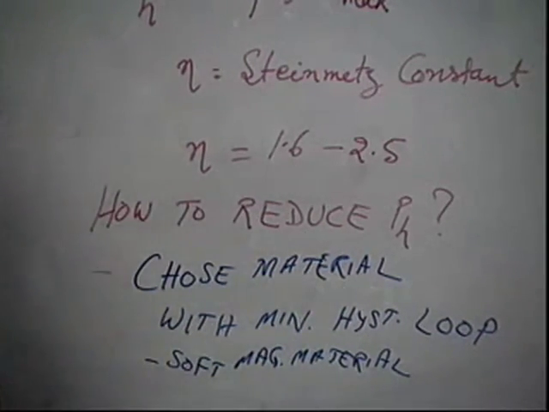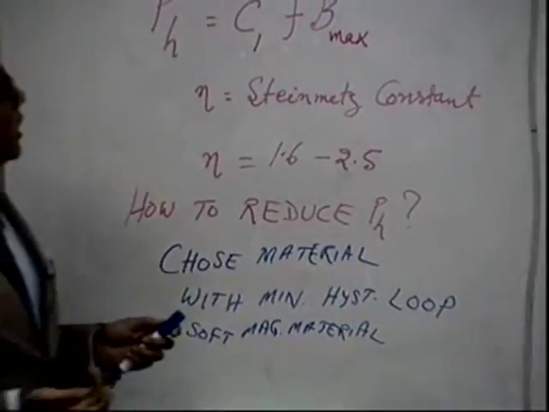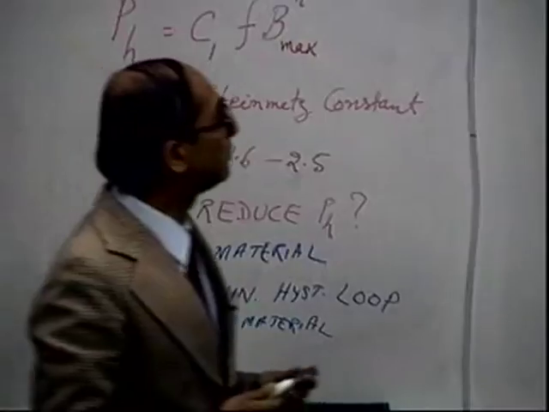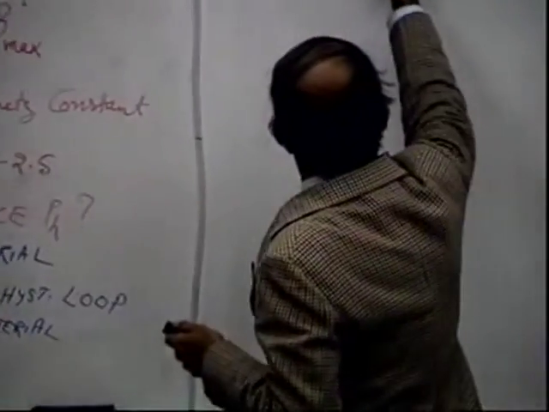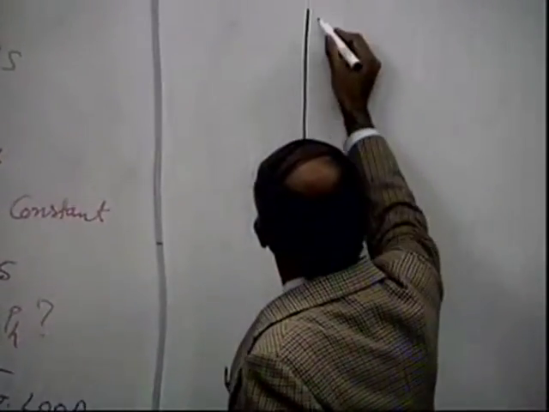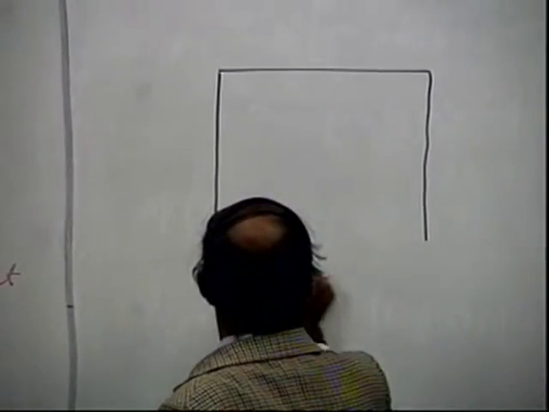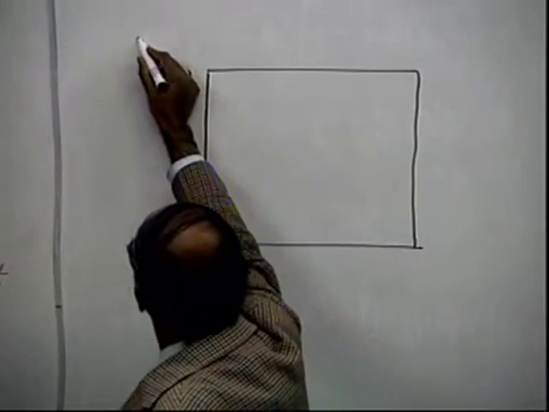Okay, now this is one phenomenon. Let us look at another phenomenon, which is like this. We have seen a core. Let us take a core as we did last time.